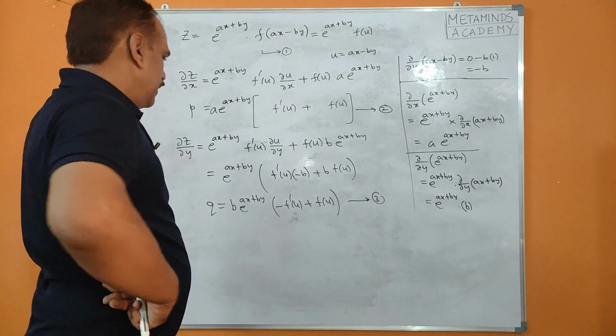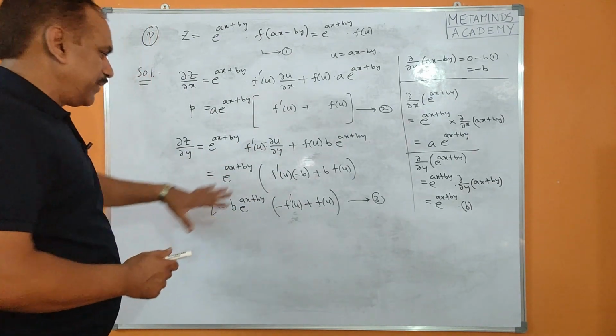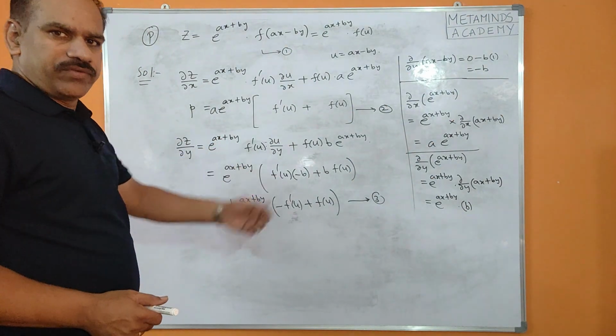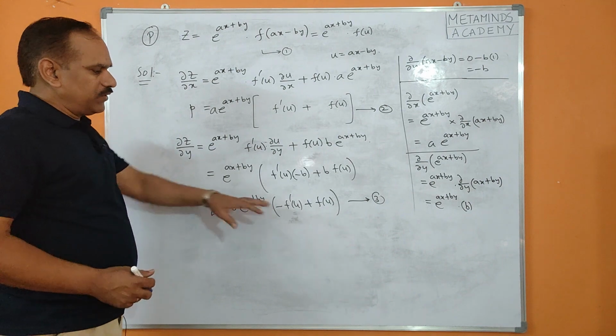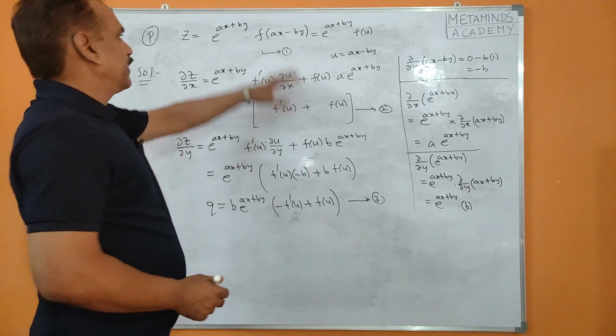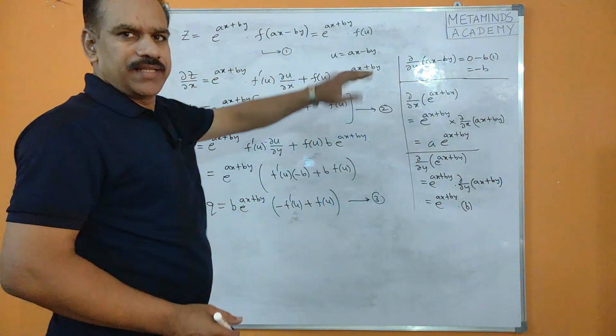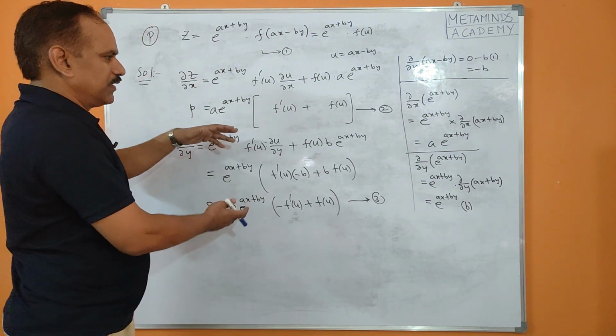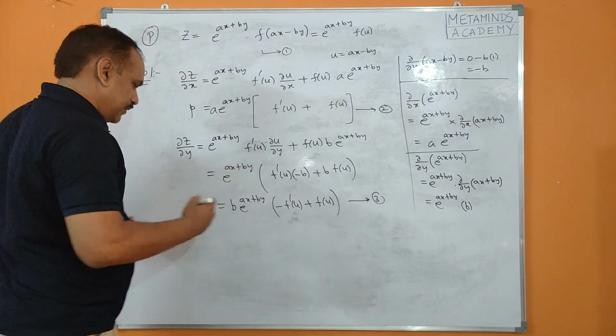So that is how you can eliminate f dash u, so that you will get f of u. And then you write that f of u back into the given equation, you will get the answer. You need not subtract to find out f of u.